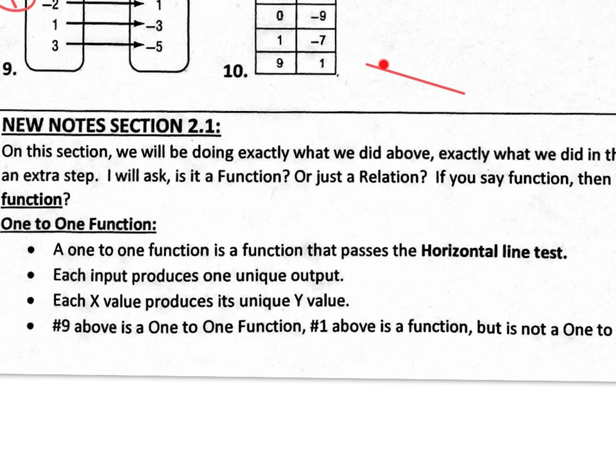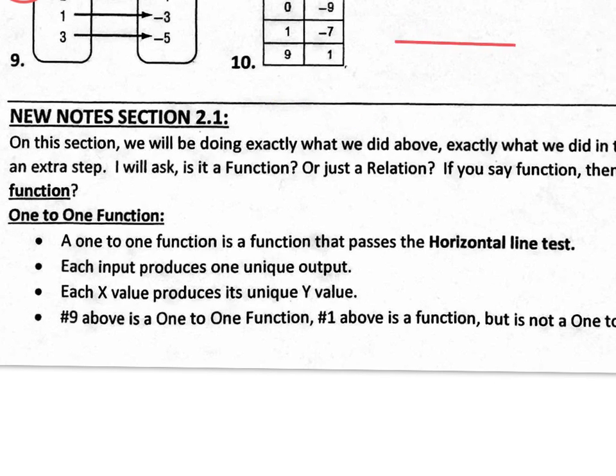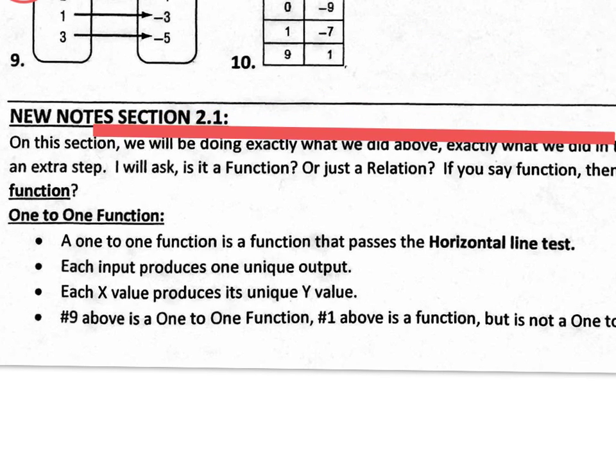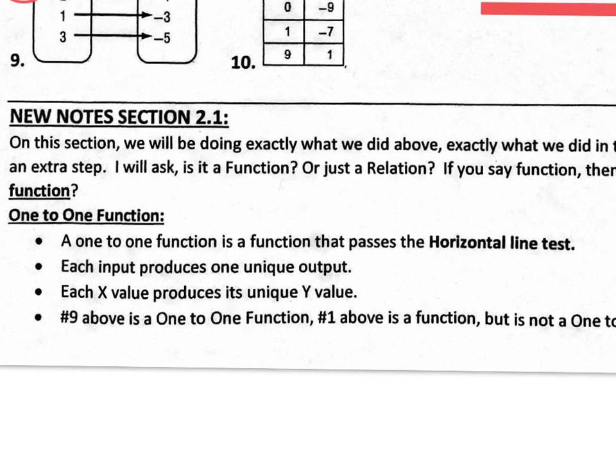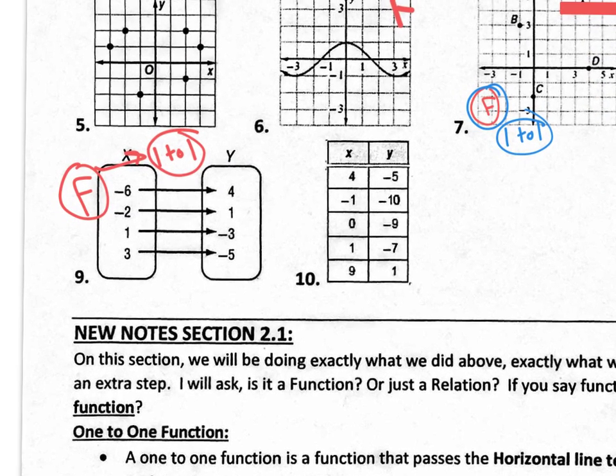It's simply taking your line, making it a horizontal line, and running it up and down to see if it passes. And that's only for functions, not for relations. Also, each input produces one unique output. We already saw that up here: each input gives you exactly one unique output. That's a one-to-one function.